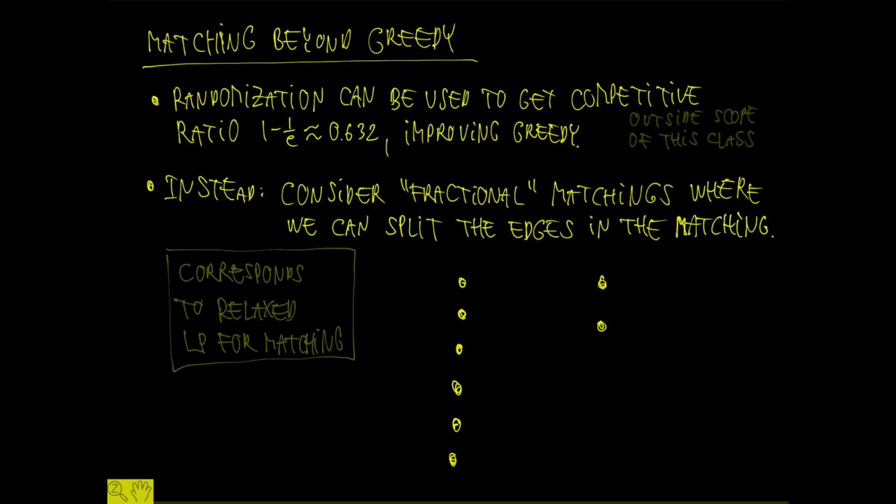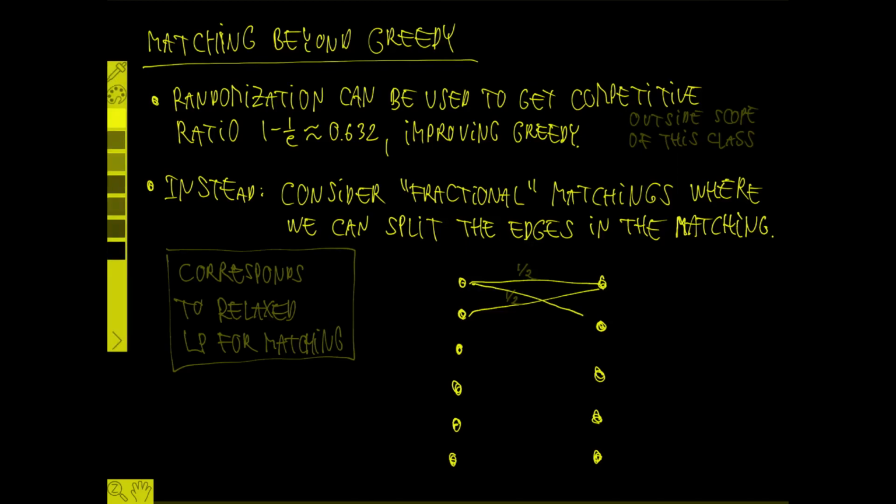Let's look at an example. So we have L on the left, R on the right. We get a couple of edges, and it's possible, if we want, to split the matching half-half between the two. Now when the next edge comes, before we were not able to match, but now it's still possible to assign weight of 1/2 to this edge, because the first vertex V on the left hand side is only matched halfway.